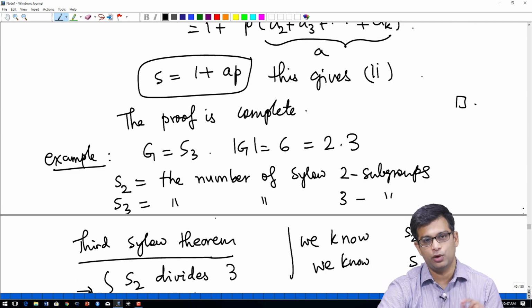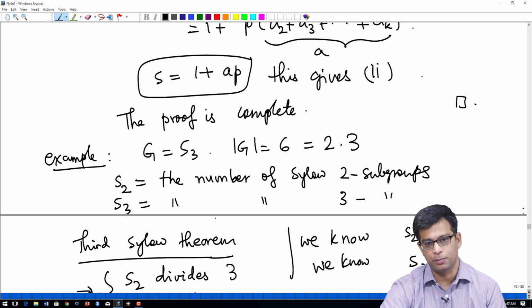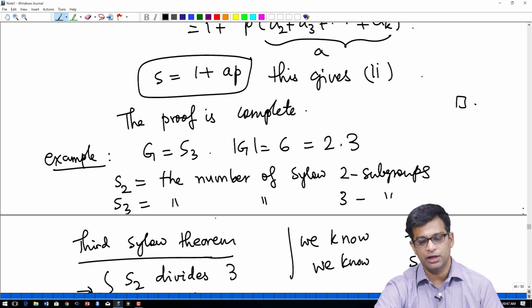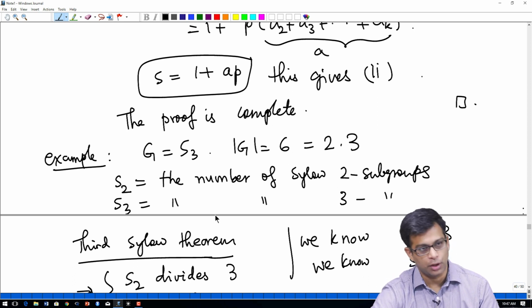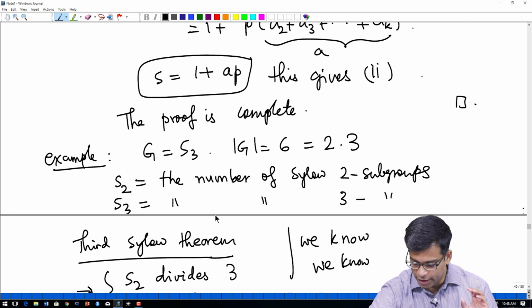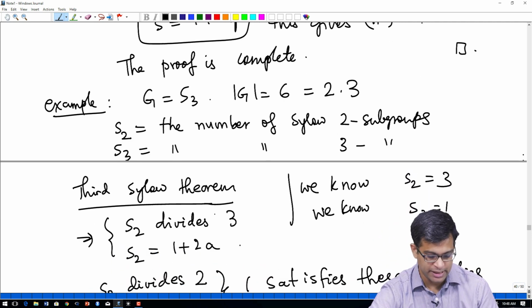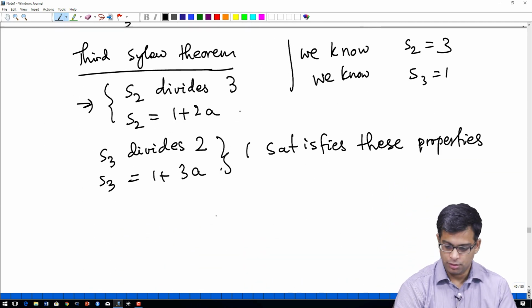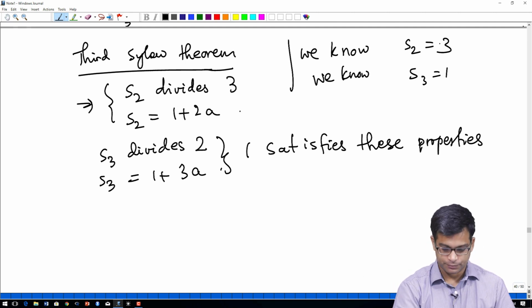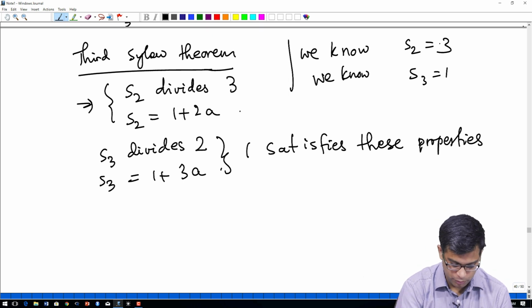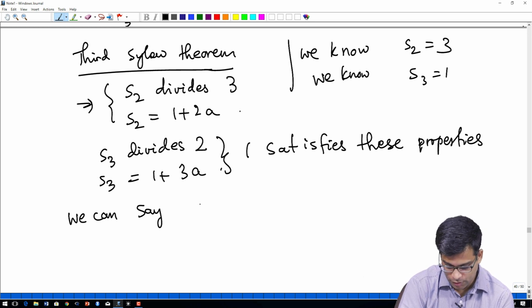Sylow theorem does not tell you exactly what the number of Sylow p subgroups is. Okay. It only gives you a range of possibilities. You have to further investigate the group to determine which possibility occurs. See, as in this example, suppose you did not know anything about S3, we can say S3 must be 1.